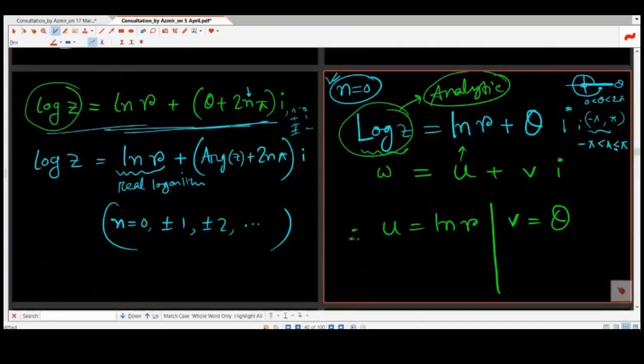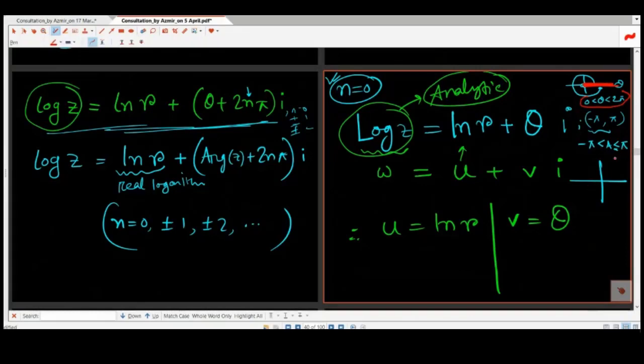Since we have made a restriction, we can say this will be a branch cut. We are cutting this part in such a way so that there will be no rotation. This is for 0 to 2 pi. But since we have minus pi to pi, we can think about the branch cut in this way.